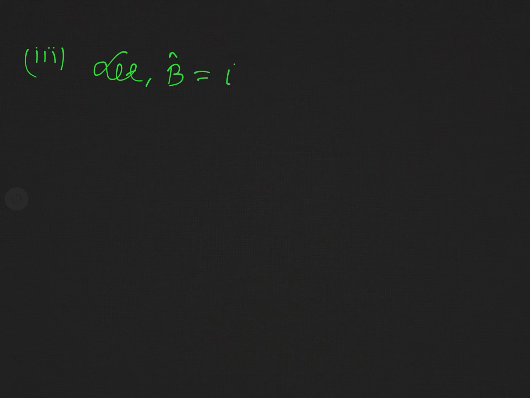Now we will test the hermiticity of the operator given in number 3. What is this operator? This is i times A hat minus A hat dagger. So again we let B hat equal i times A hat minus A hat dagger.